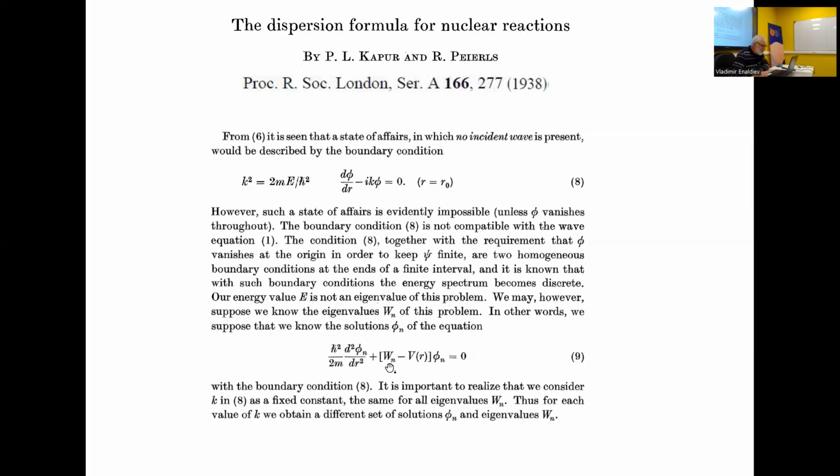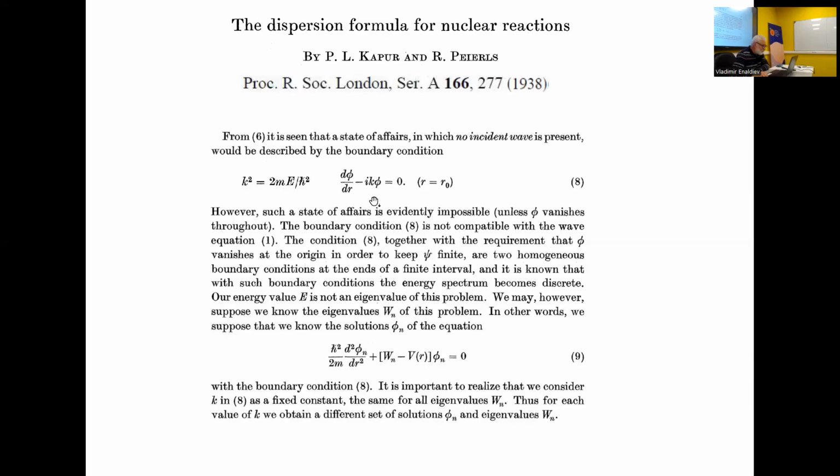But the set of states that they introduced is defined by these two equations. And I want to emphasize here the k which stands in the outgoing wave boundary condition. What does this mean? The region occupied by the potential is assumed to have finite range. At the boundary of this region, the logarithmic derivative of the wave function is a constant equal to ik, where k is determined by a given collision energy. So this energy is fixed.